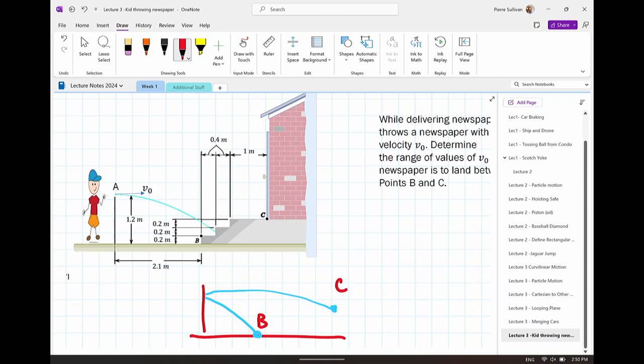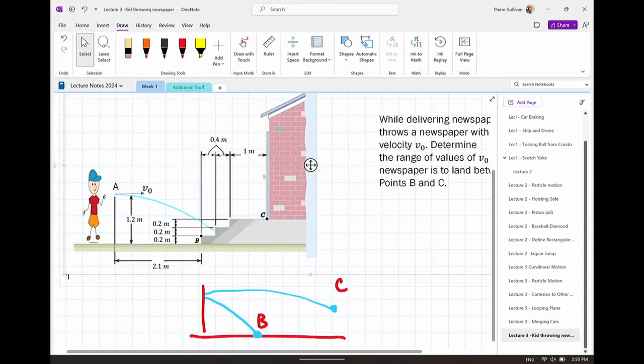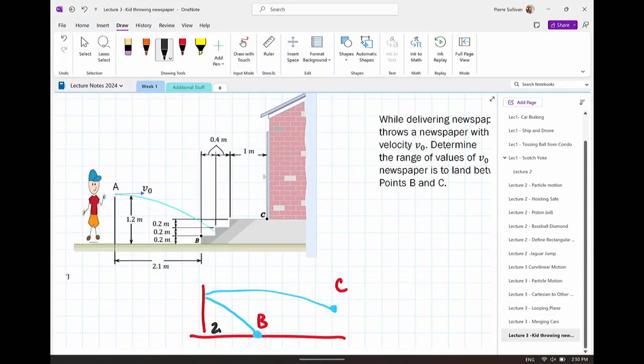The distance is 2.1 meters. And 2.1 meters plus 1.5 meters, 3.5 meters. So I have two x dimensions that describe how far the kid has to throw that newspaper in order for it to hit the steps.